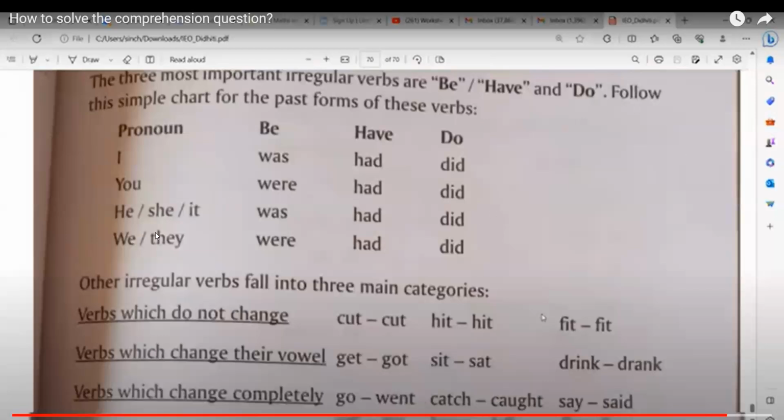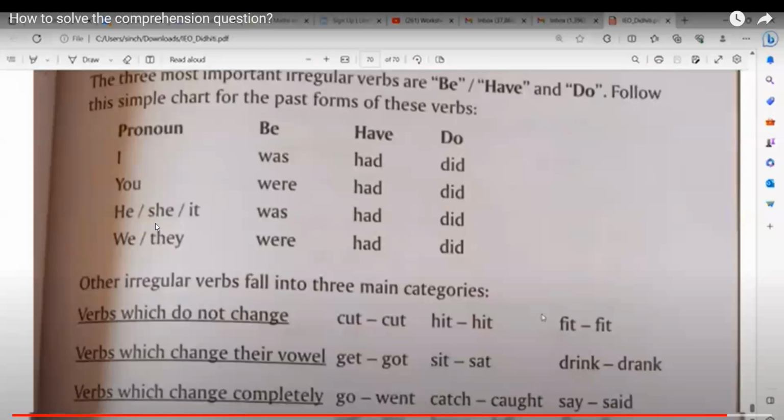Excellent. Okay. Now, Abhishekta, can you give me an example with she and had? She had a yellow bag. Very good.